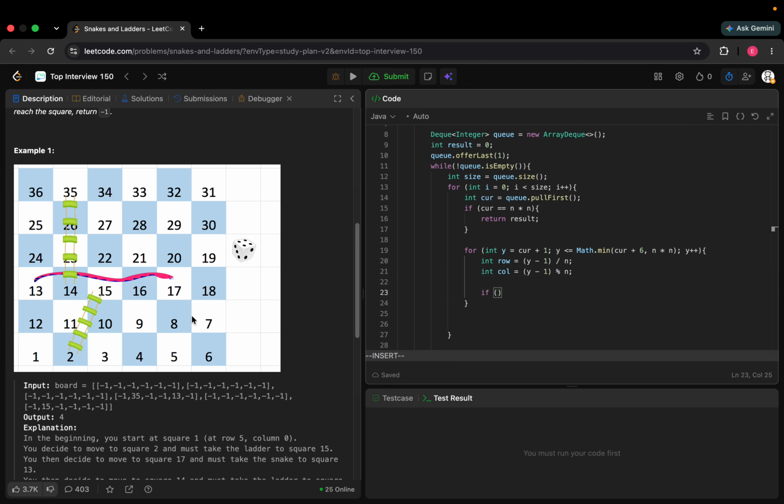And also we have to check, because if the row, right, you can treat it like this is first 0, so it starts from the 6, right? 0, 1, 2, 3, 4, 5.